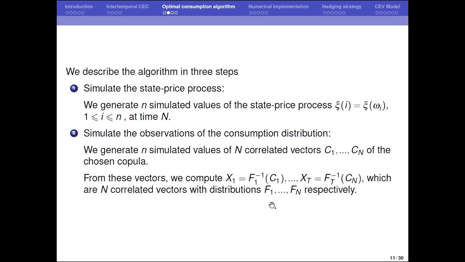And in this case, for simplicity, to give you an example, I assume that in every time period I want the same distribution. And I give that example for a log normal distribution.